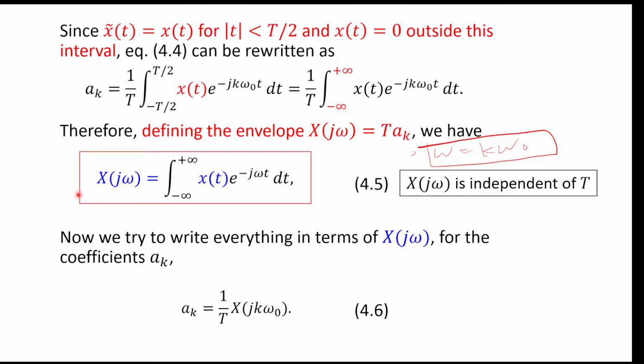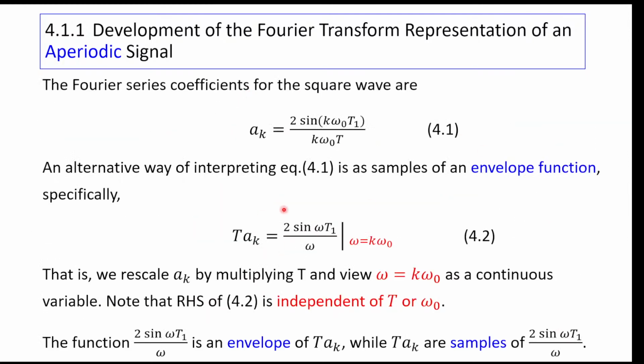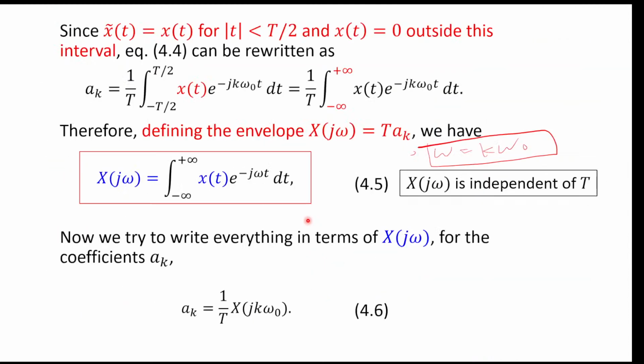Okay, and you see that indeed this is only a function of omega, just like before, just like in the block wave envelope function. We found that T times a_k is only a function of omega, and here we see explicitly that this thing is only a function of k omega naught, and it has no other dependence on big T or omega naught.